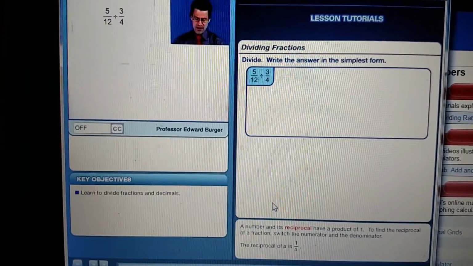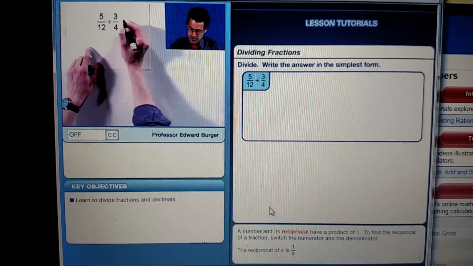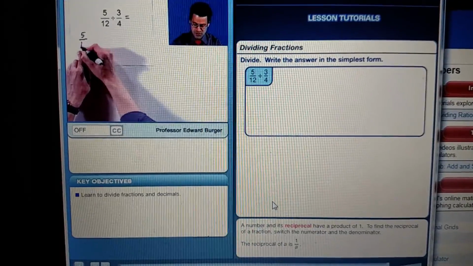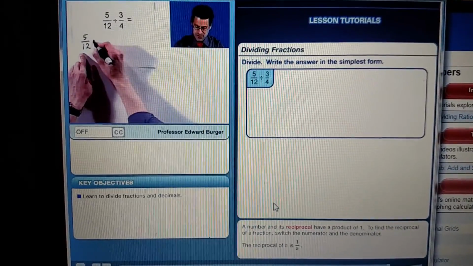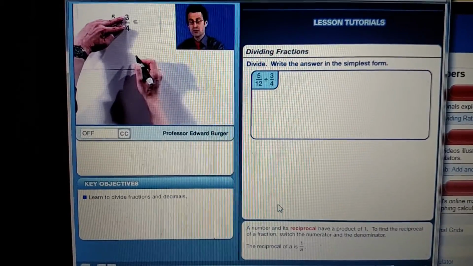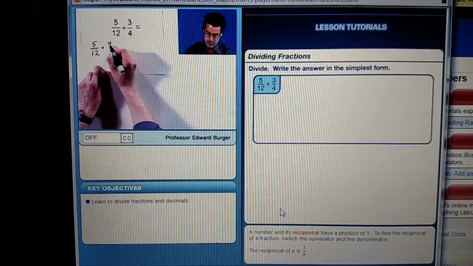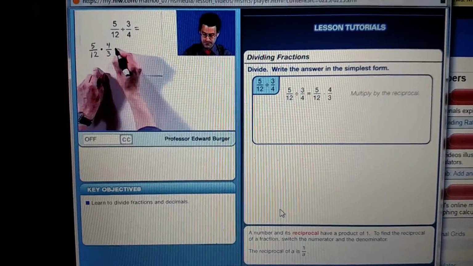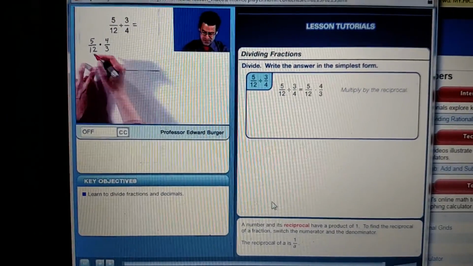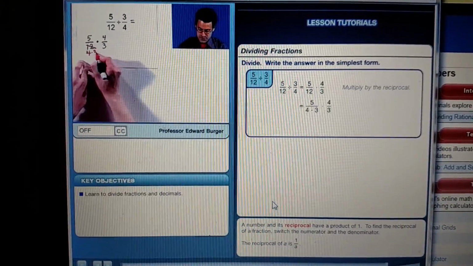So here we go. 5/12 divided by 3/4. How do we proceed? Well, we already know what we want to do here is change this to a multiplication question. So the division gets replaced by multiplication, and we take this second number and we write its reciprocal. So we flip the roles of numerator and denominator. And now we can actually do some fancy reducing. 12 is actually 4 times 3.